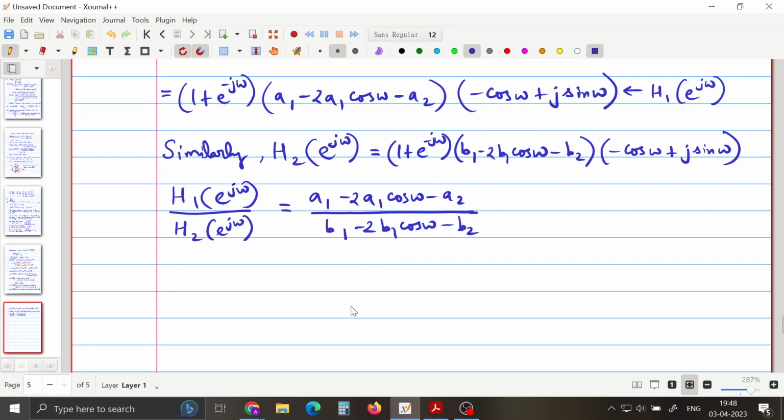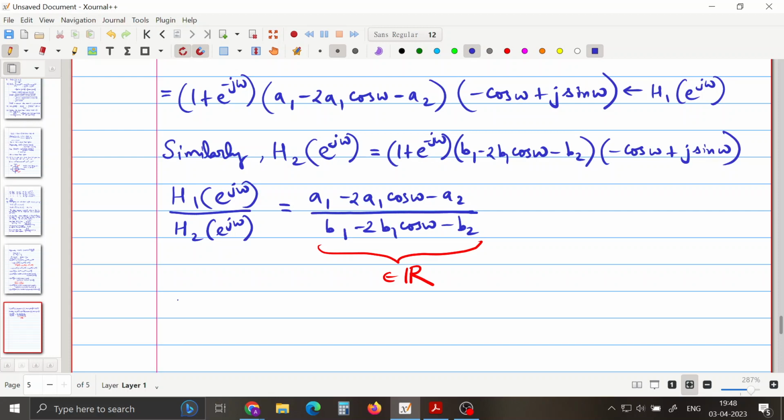So this function on the right hand side involves a1, a2, b1, b2 and cos omega. So overall it's a real valued quantity.